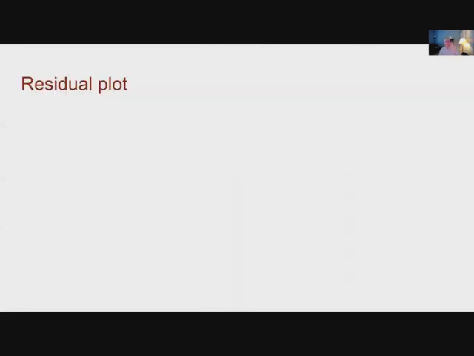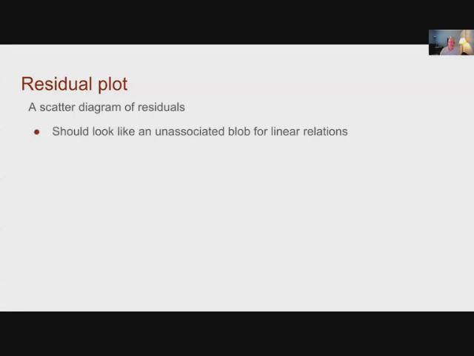Okay, so the residual plot is another tool that we have in our toolbox for seeing if this relationship really is linear. By looking at the scatter diagram, the residuals for linear relations should look like an unassociated blob. You shouldn't see a discernible shape to it. If you do have nonlinear relationships, it will show patterns.